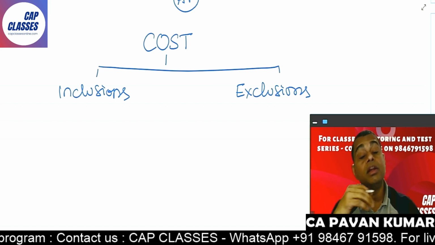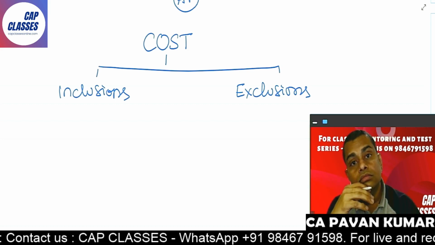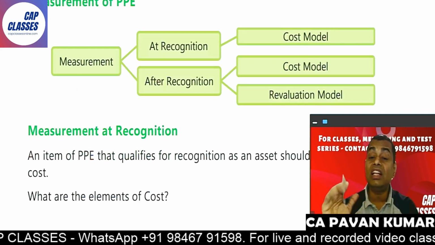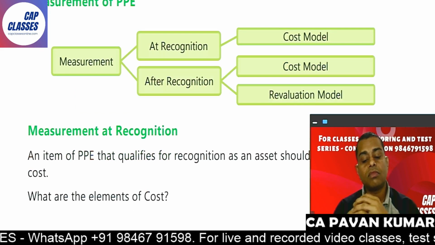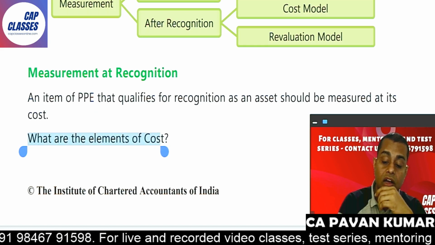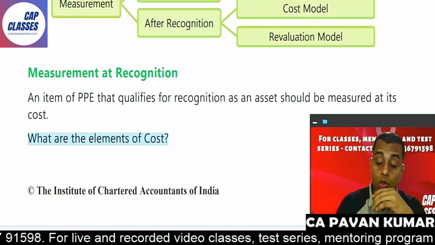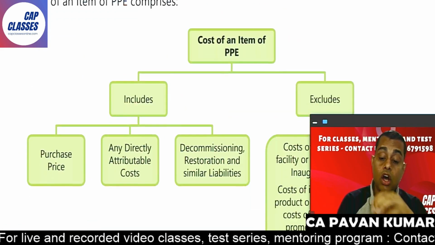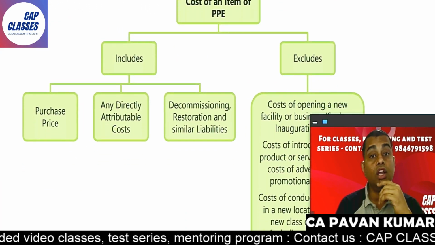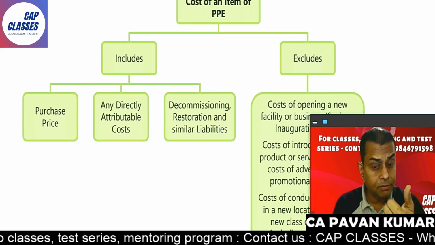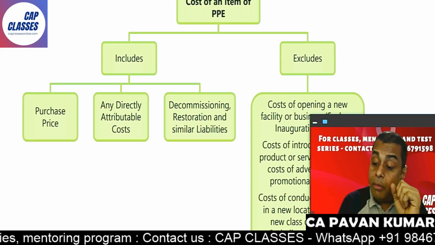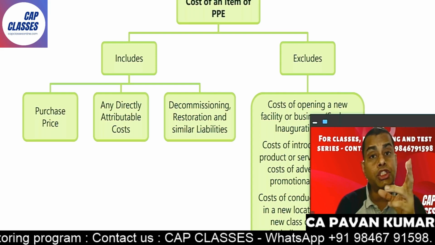This is a very big debate. The accounting standard has given crystal clear guidance so that there is no confusion. Now look here, what are the elements of cost? This is the question. Cost of an item includes: A, purchase price; B, directly attributable cost; C, decommissioning liability or restoration liability.